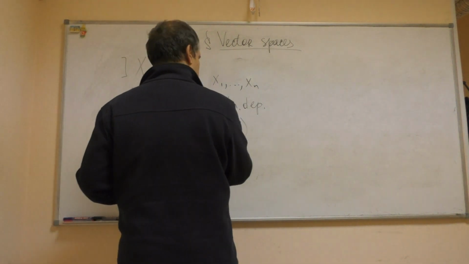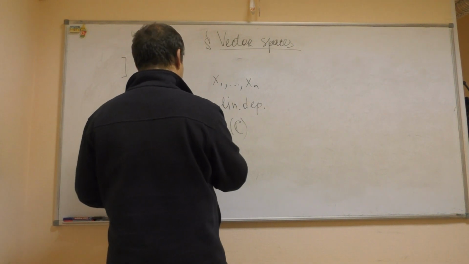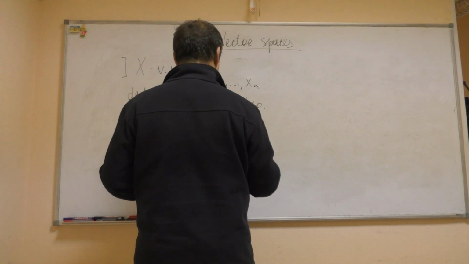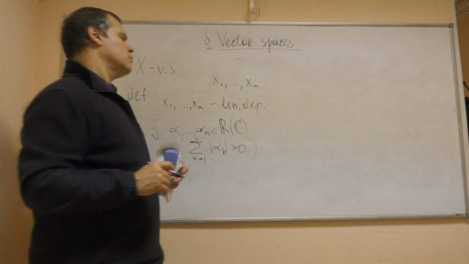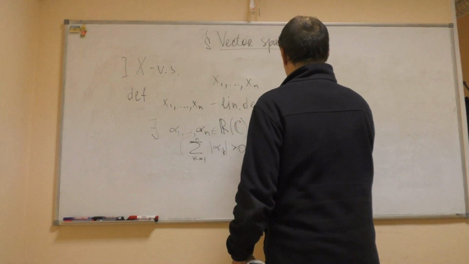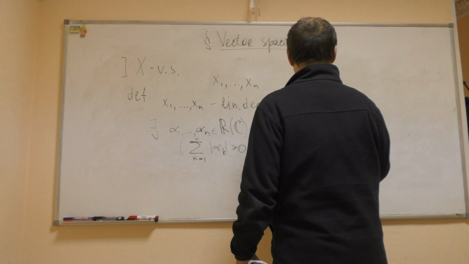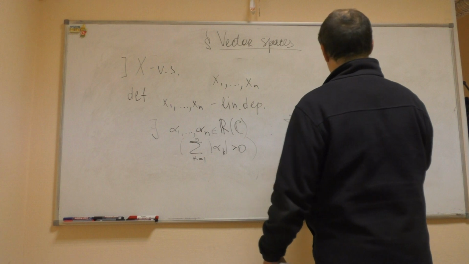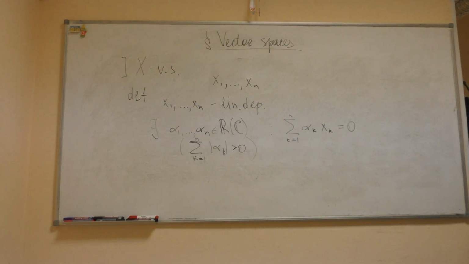Can be expressed like: the sum of absolute values of these elements is bigger than 0, such that the linear combination of these vectors with these numbers gives a 0 element.